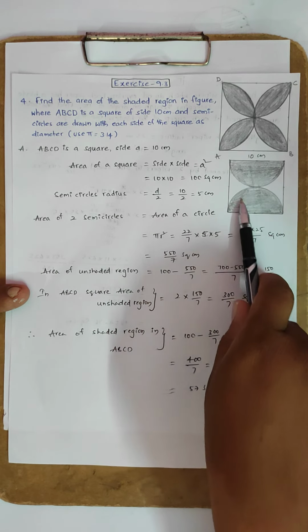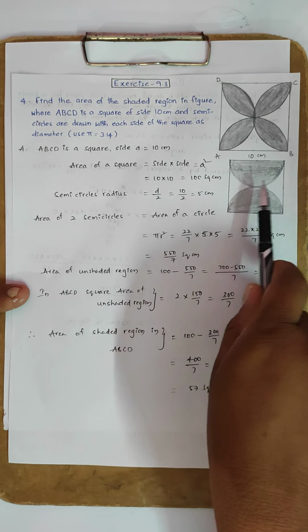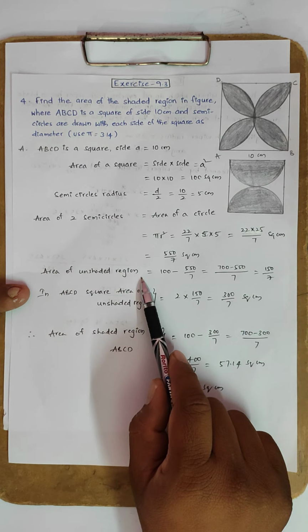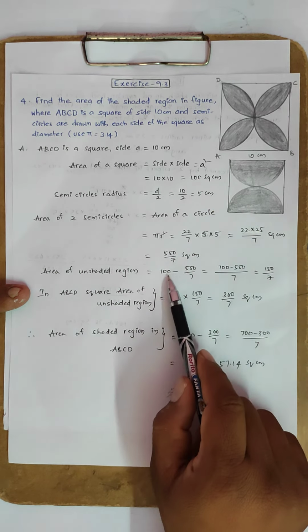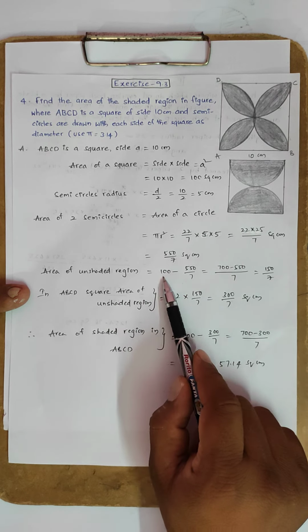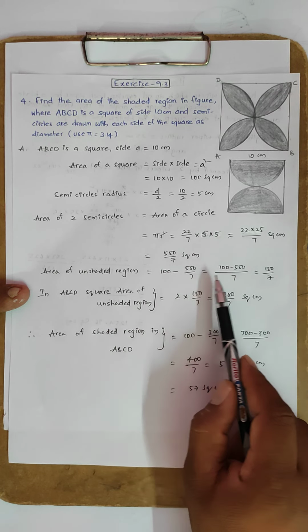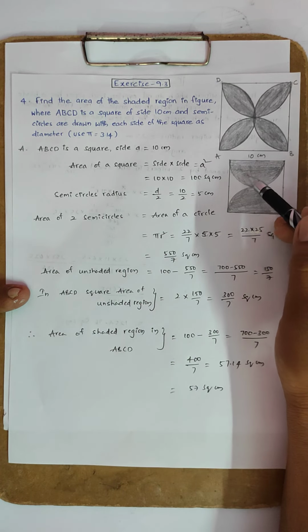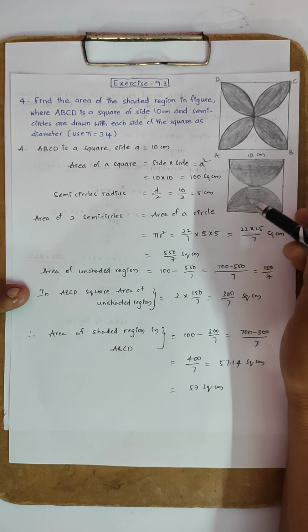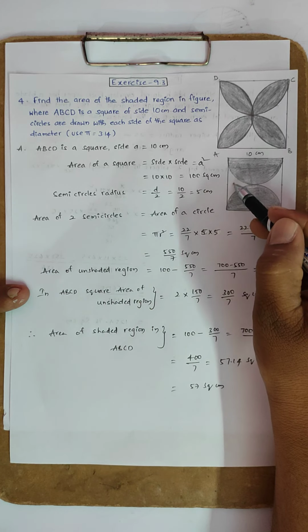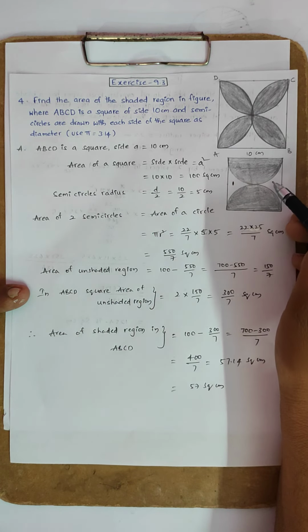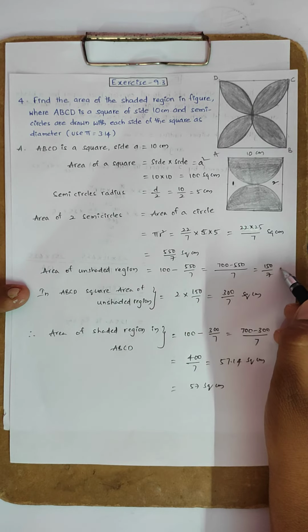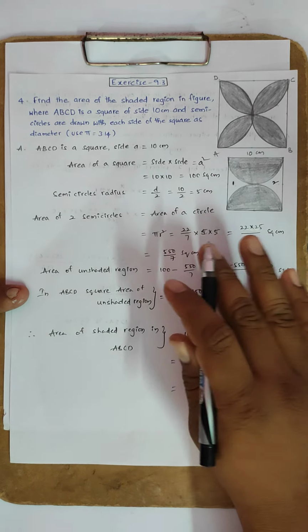In this diagram, how much is the unshaded part area? The area of the unshaded region is total 100 minus 550 by 7. Do the subtraction of these two and you will get 150 by 7. See, the area of this upper part and lower part, this unshaded first part and unshaded second part, these two unshaded parts value is 150 by 7 square centimeter.